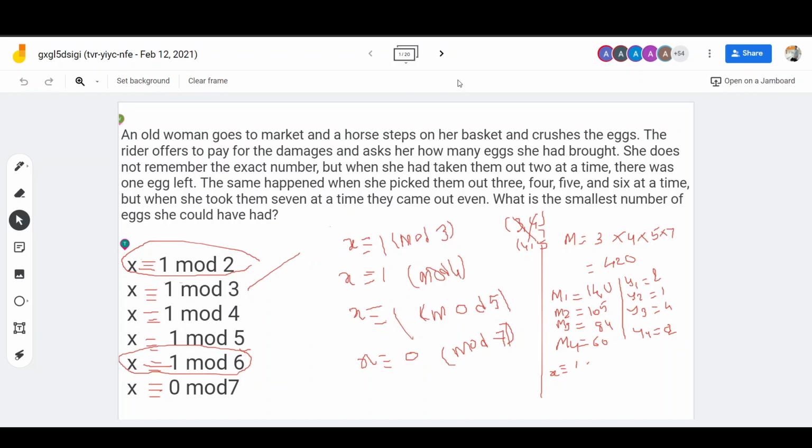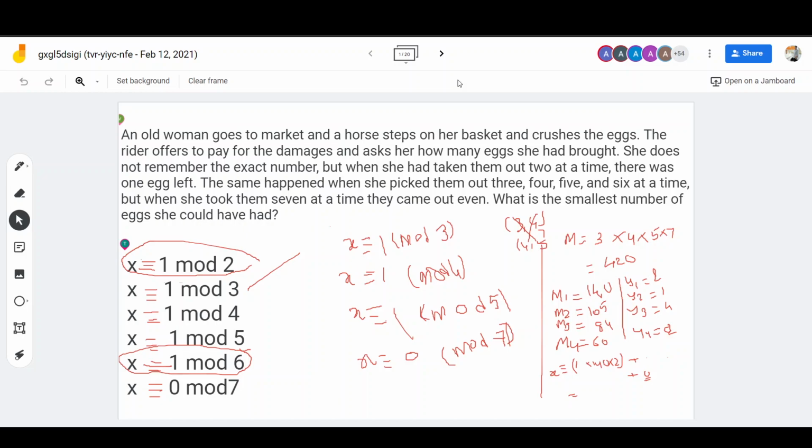This is one set, plus the next one and so on. Plus the last one is 0 multiplied by something, which is 0 only. So finally, what value will we get? You may solve.